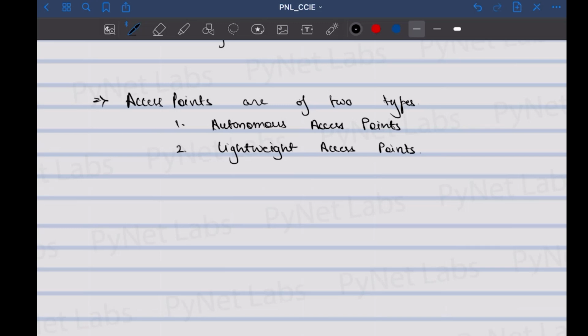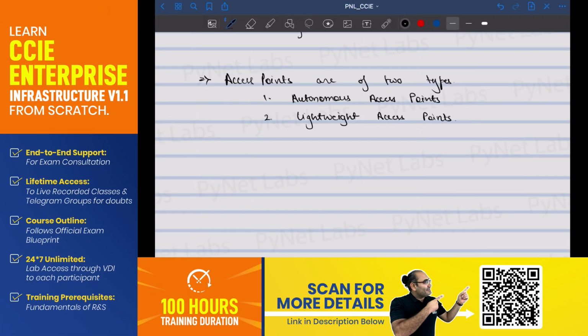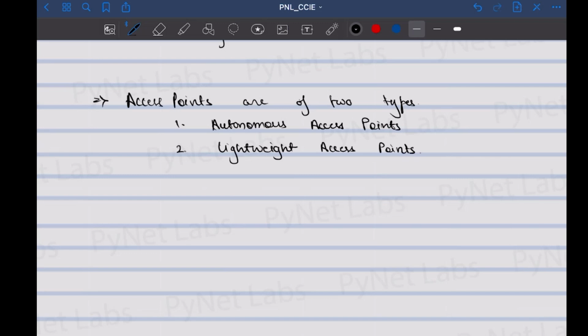So access points can be managed in different ways. There are benefits and use cases where we require both types of management, and they have their own benefits and advantages. So let's speak about the autonomous access points first. Autonomous access points are independent.